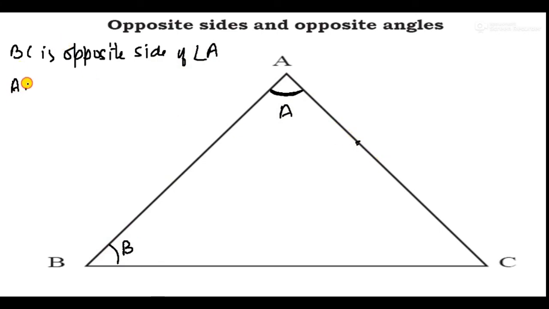So you can write here, AC is the opposite side of angle B.